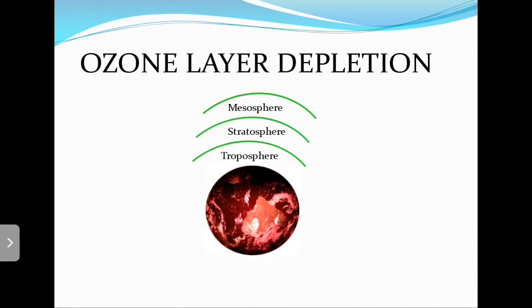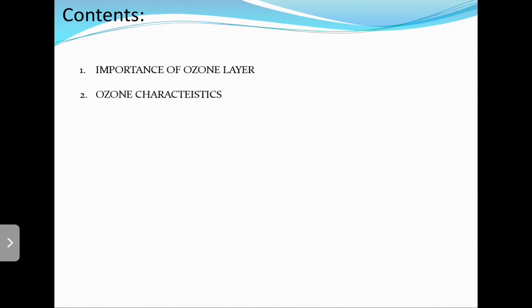In this presentation on ozone layer depletion, we'll discuss the importance of the ozone layer, why the ozone layer is very important for life, not only human life but also animals and plants. Then what the characteristics of ozone are, how it is produced, and what the depletion process of ozone is.